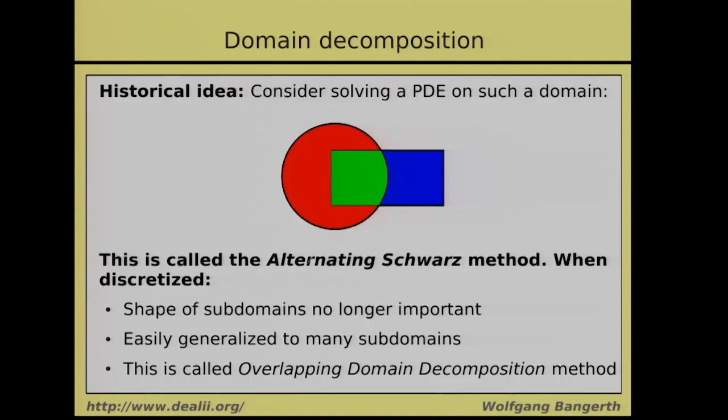You take the next overlapping block, and you take the boundary values that you just computed, and you just keep going back and forth. So all you need is that you can split your domain into subdomains on which you can solve PDEs numerically, and these subdomains need to overlap. We call this today the overlapping domain decomposition method, and the name alternating Schwartz has stuck. So we recognize the name Schwartz in numerical methods today as something that is domain decomposition.